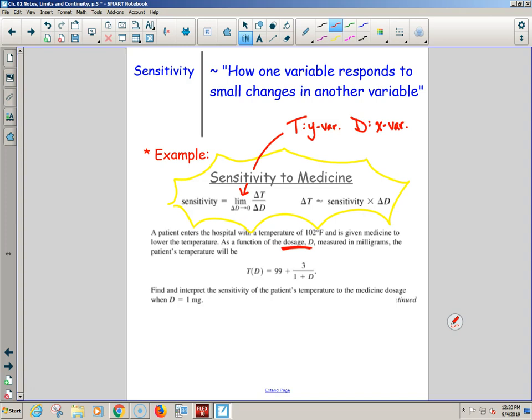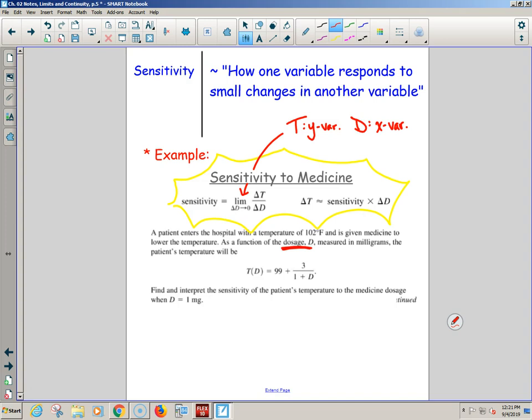There are a lot of different factors. But sensitivity is the idea that we don't want to give them more than they actually need, right? So in this one, how will the patient's temperature be affected and how quickly do we need this to come down? 102 isn't drastic, but if it was like 108, 110, this is, is this person going to live kind of thing, right? Get it down fast, lay them in ice.